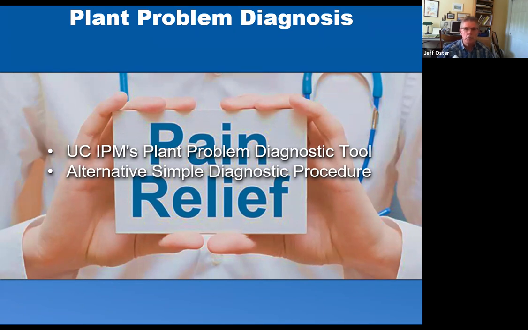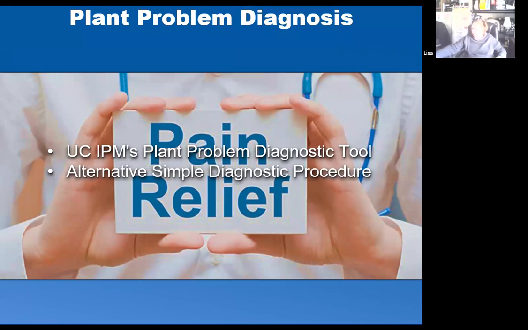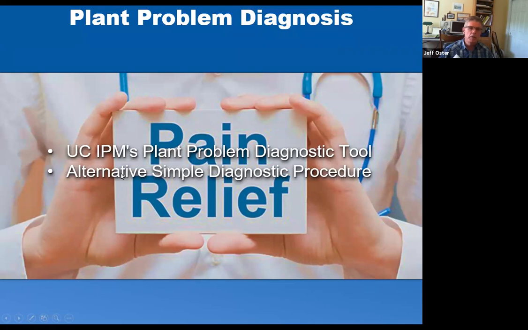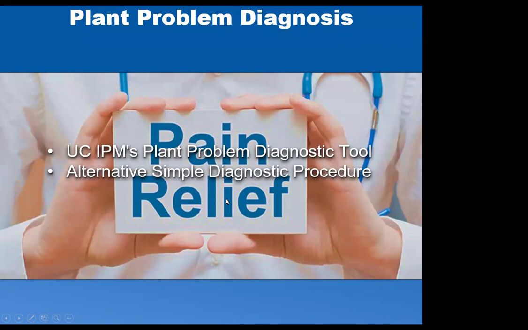It's an online tool, and it can guide you through the whole process, which is why you don't necessarily need to remember every diagnostic step, but develop an appreciation for them. And then following that, if that tool fails, is the alternative bailout simple diagnostic procedure. So let's get started with that.